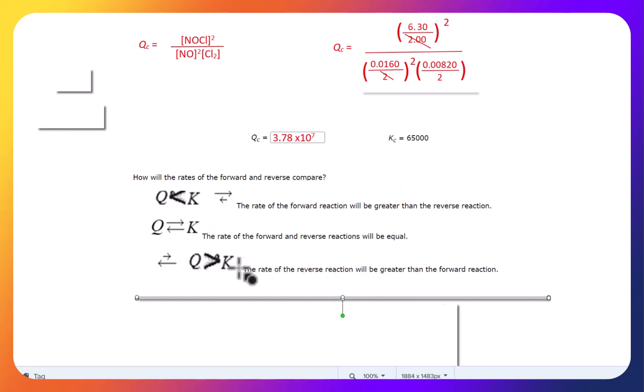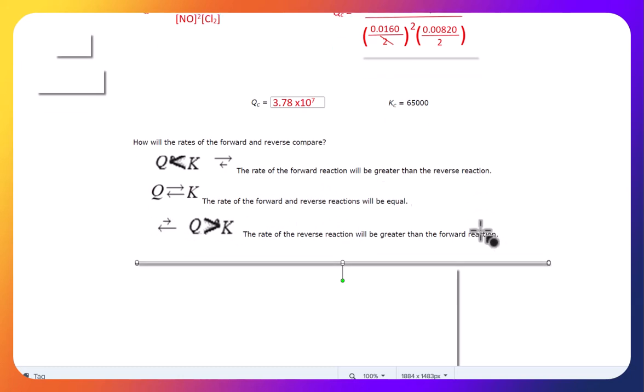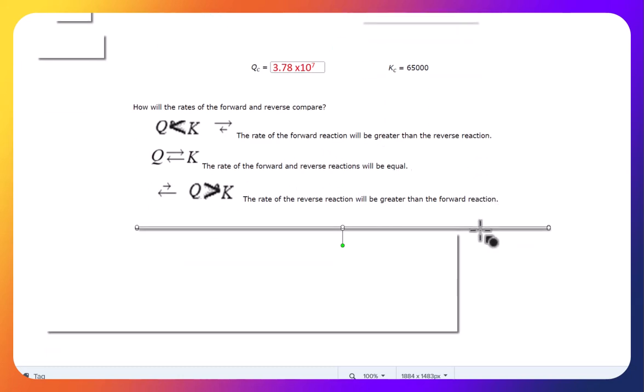But if we have too much Q, note this is a greater sign, our alligator is going to go in this direction. Our reverse reaction will go. That's the mnemonic people use, but you should realize how it makes sense. That's important, knowing the logic behind this.